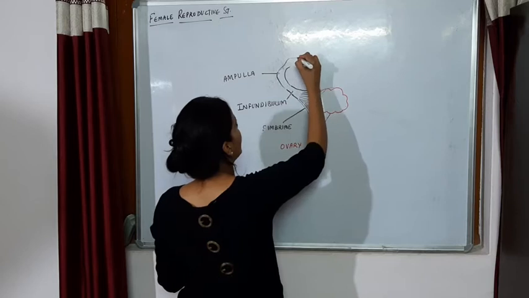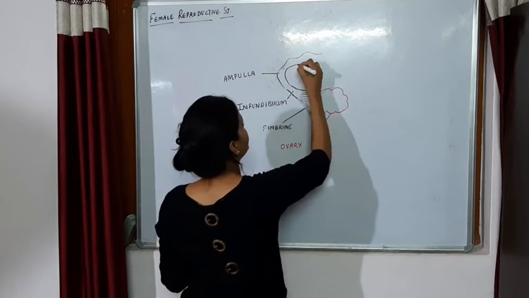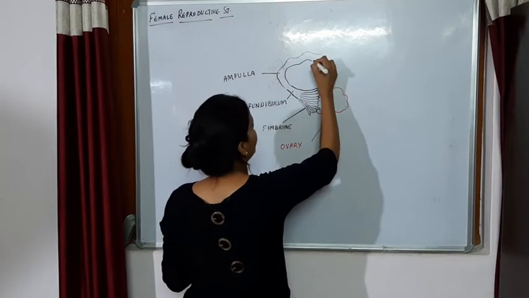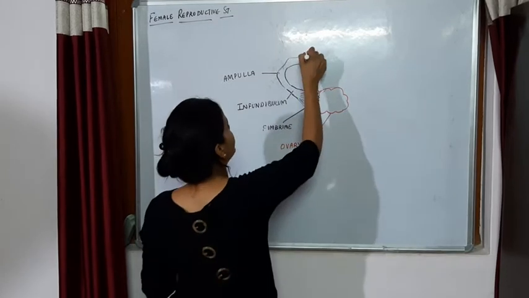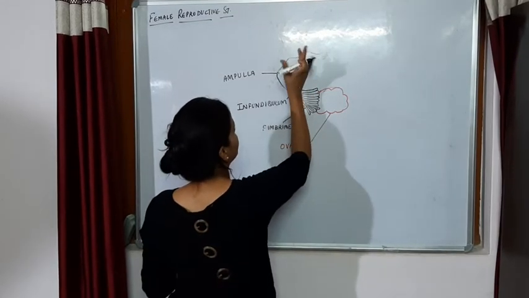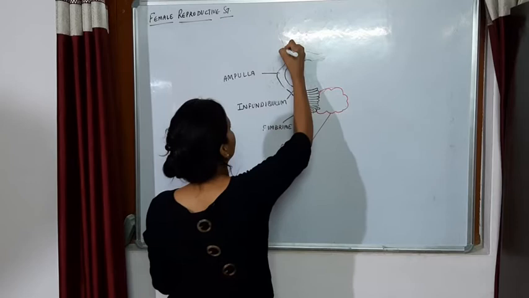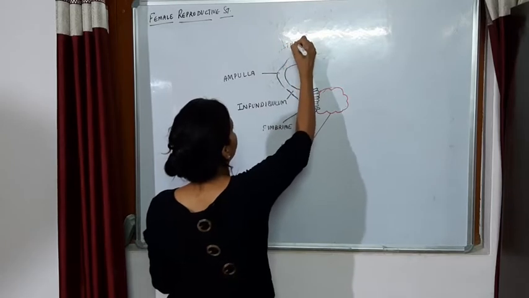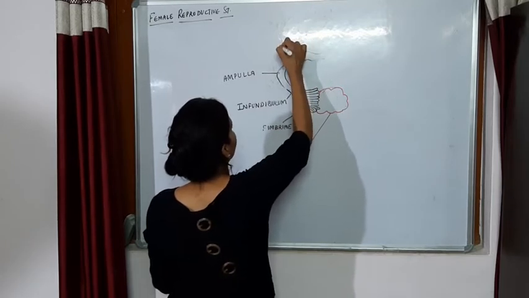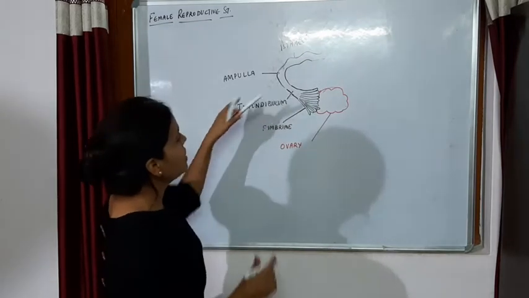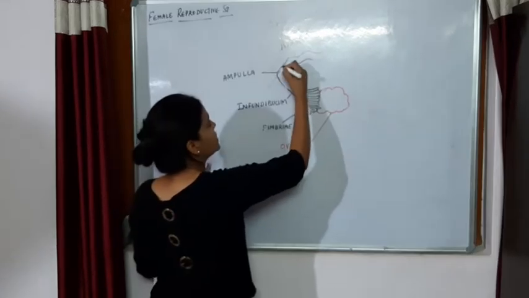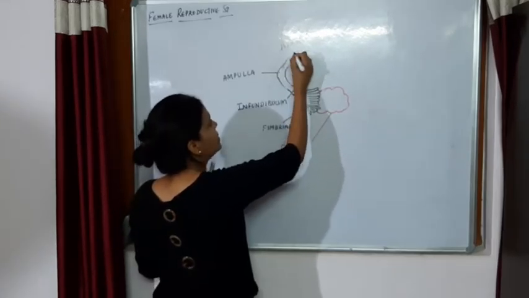Next to the ampulla is another structure, and that is called the isthmus, from here up to here.